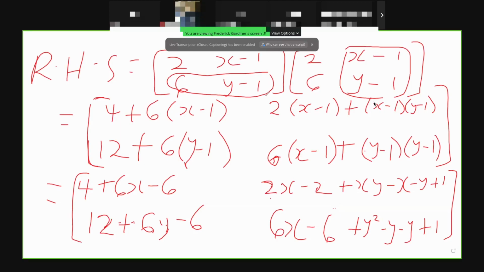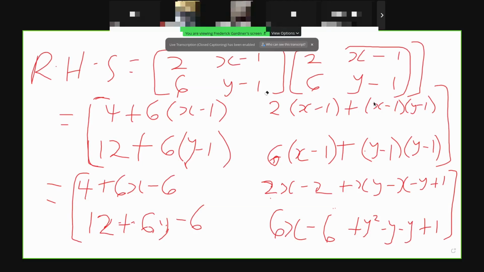Sir, on the second row, is it x minus 1 into bracket y minus 1? You should look at the second row of the first matrix. Oh, that was the first row. Let's look at it very well.